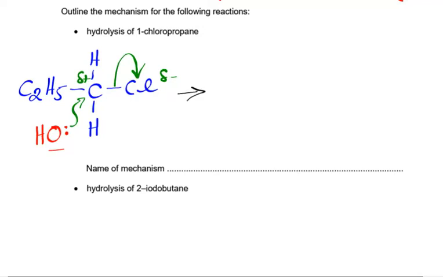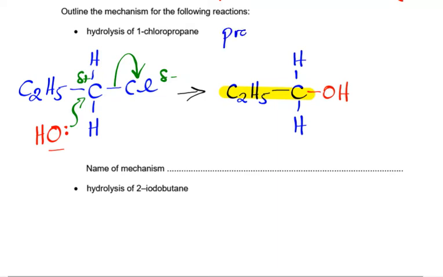What will that make? Our alcohol, now slightly longer. We've got 3 carbons in the chain, and the hydroxyl group is on the first carbon, making this propan-1-ol.